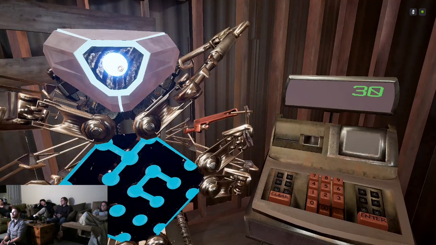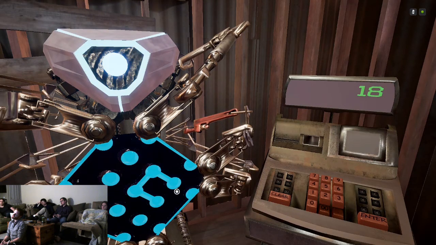Okay, so now connect those 2 symbols together. And now do it. Did not like that. 18 though. So put 1 more line on that. Against square? Yeah.